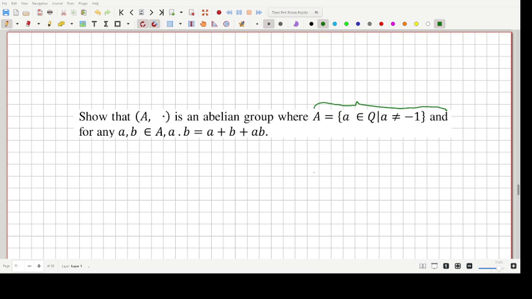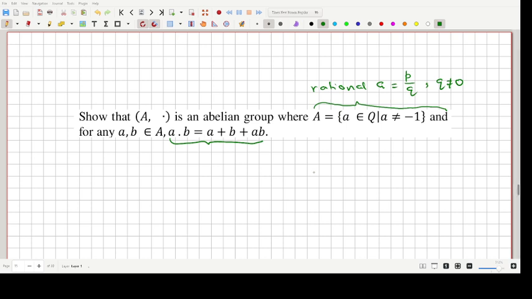A is a set which contains all rational numbers a of the form p by q, where p and q are integers, but q is not equal to 0, and a is not equal to -1, right? So the rational number is not equal to -1. And a dot b, the operation, is defined as a plus b plus a times b. So these are all rational multiplications and additions.